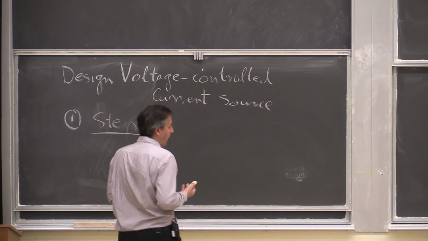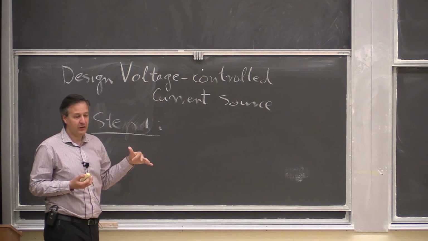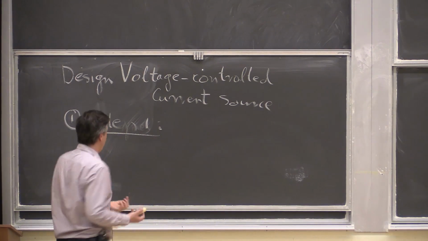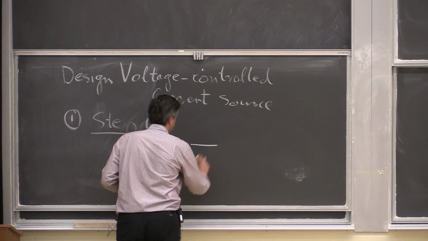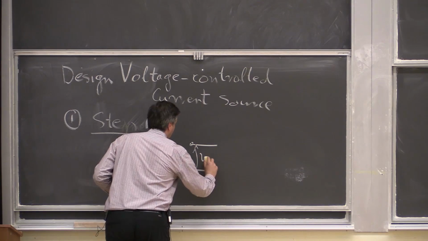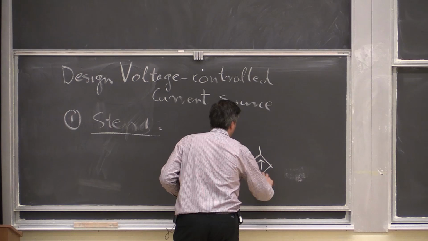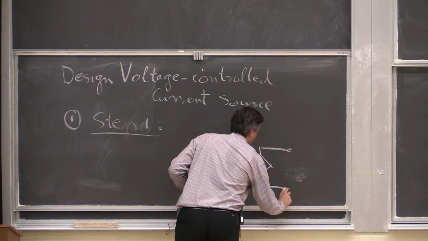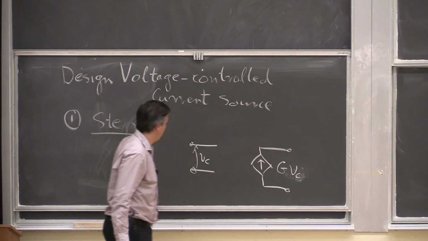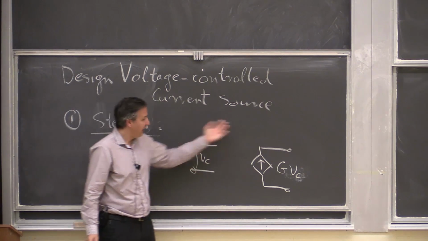And then I'll have to say, well, I want a current source that is controlled by a voltage without disturbing where that voltage comes from, right? So I'll have to draw something like this. I want you to draw a circuit that will behave like this.